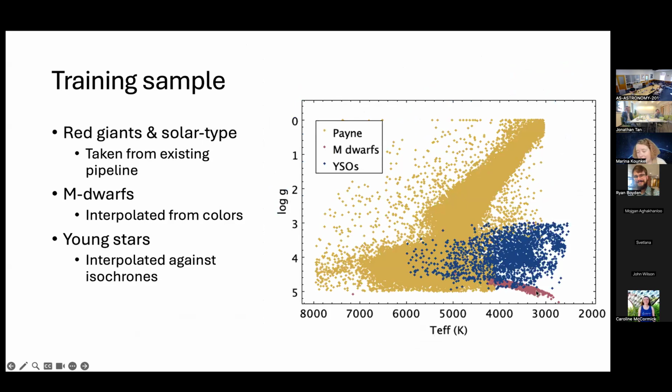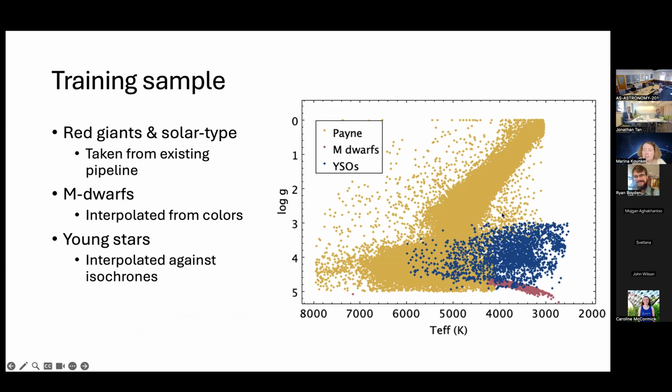And here we have lower mass main sequence stars, where the model could learn how spectra of different temperatures look like. And here we have red giants, from which the model would be able to learn what effect surface gravity has on stellar spectra.